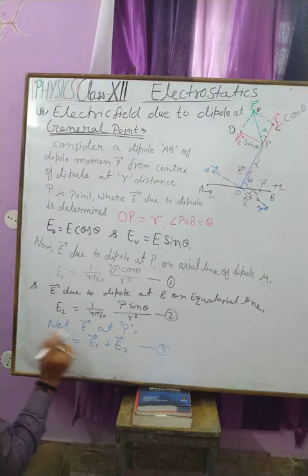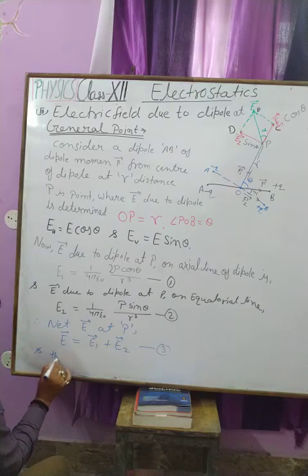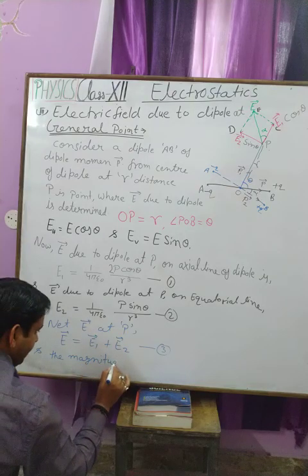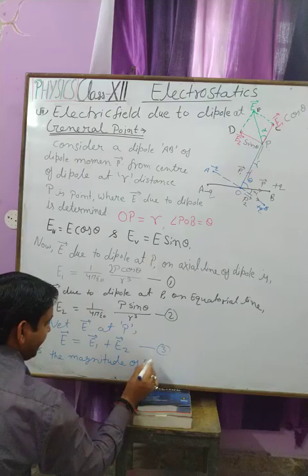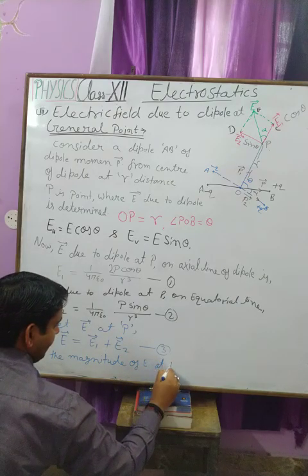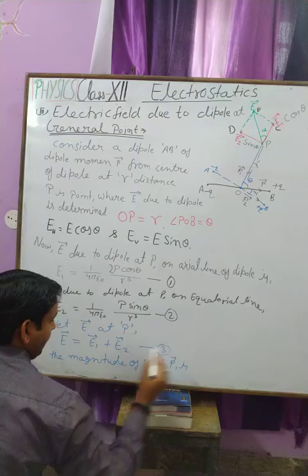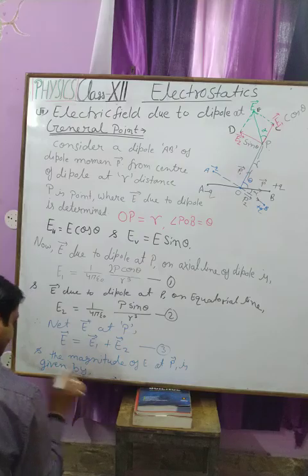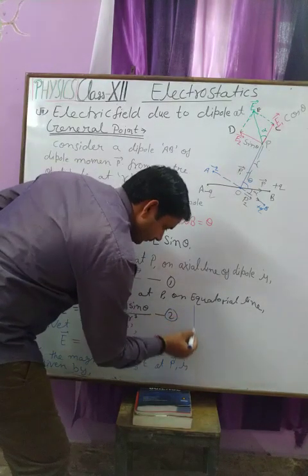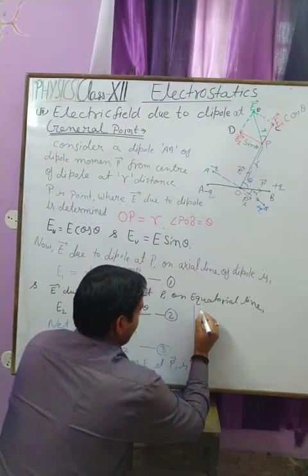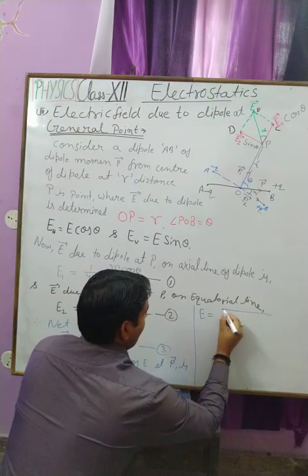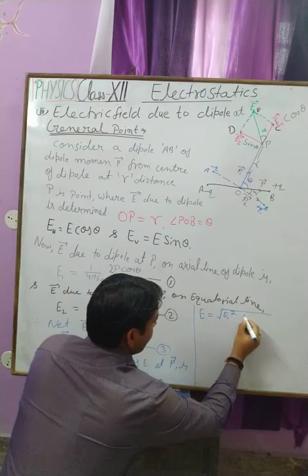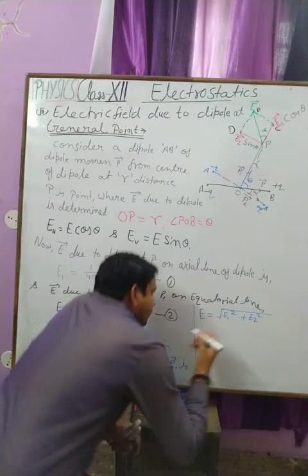And the magnitude of the electric field at P is given by E equal to under root E1 square plus E2 square.